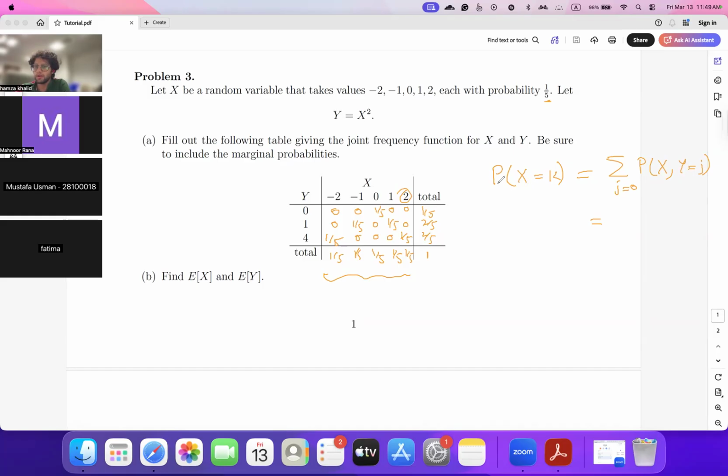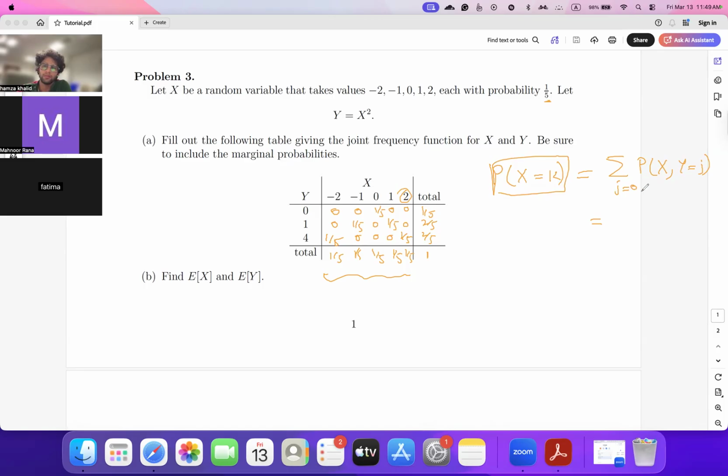When I sum those up, I get this thing over here. Is that point clear? Yeah, makes sense. Likewise for the Y case, but let's wait a little bit and we'll get to that part as well.